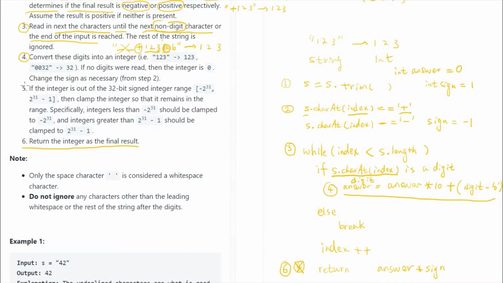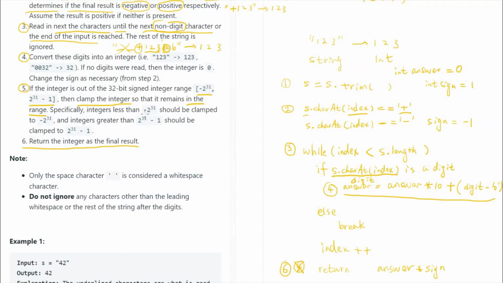Now let's come back to requirement number 5. If the integer is out of the range from -2 to the 31st power to 2 to the 31st power minus 1, then clamp the integer so it remains in the range.